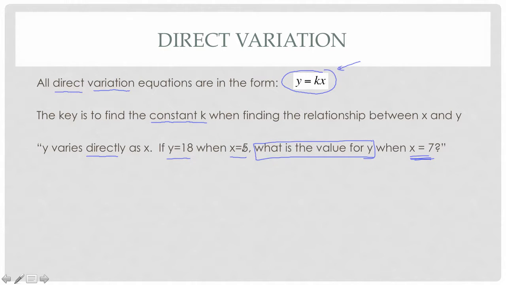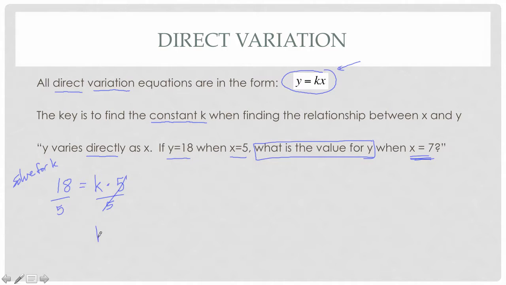So let's use 18 and 5: when x equals 5, y equals 18. Let's put it into our direct variation equation. So 18 is equal to some value k, I don't know what it is, times 5. That's my x value. Let's solve for k by dividing both sides by 5.